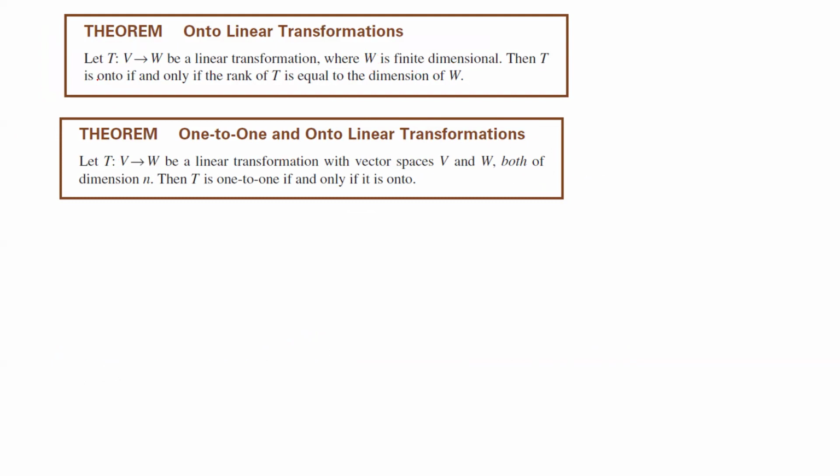Then T is onto if and only if the rank of T is equal to the dimension of W. So as long as the range and codomain are the same, we're going to say that we have an onto linear transformation. So the rank of T must be equal to the dimension of W.